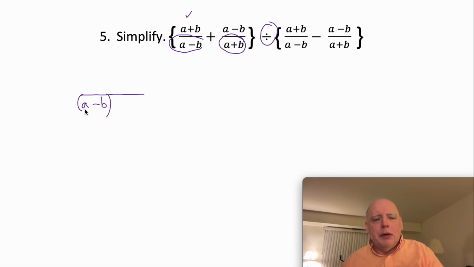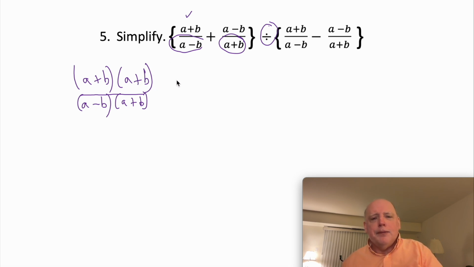So in the denominator, we'll have this. And here in the numerator, we'll have a plus b times a plus b. So we multiply the top and the bottom by a plus b. And here, we'll multiply the top and the bottom by a minus b.